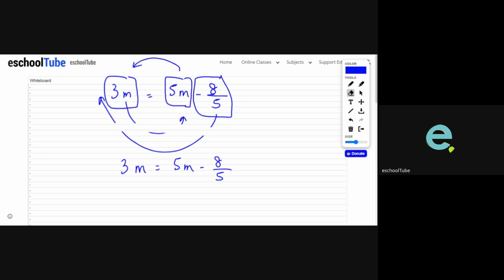So just now in the example we saw that if you get confused with the fractions, because here there is 8 upon 5, you can do one thing: you can multiply this whole right hand side by 5, and then you multiply this also by 5.